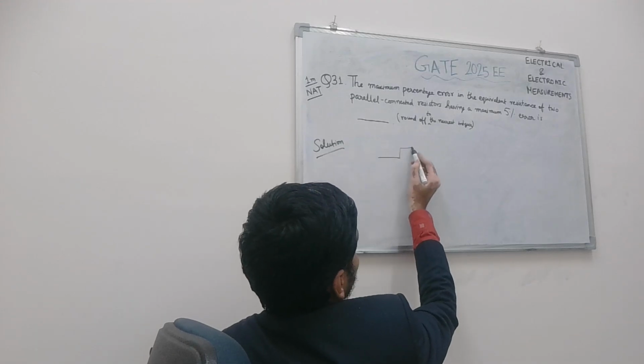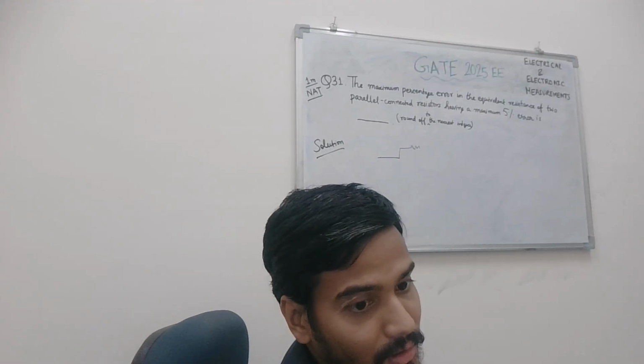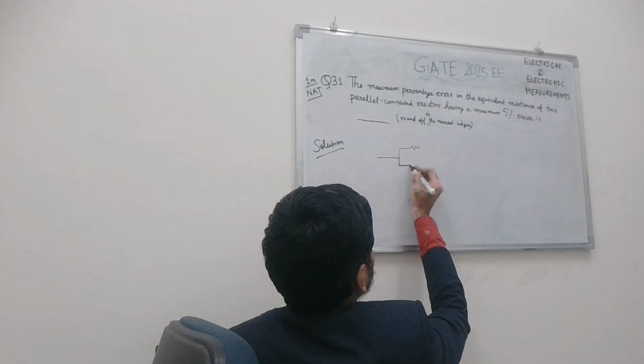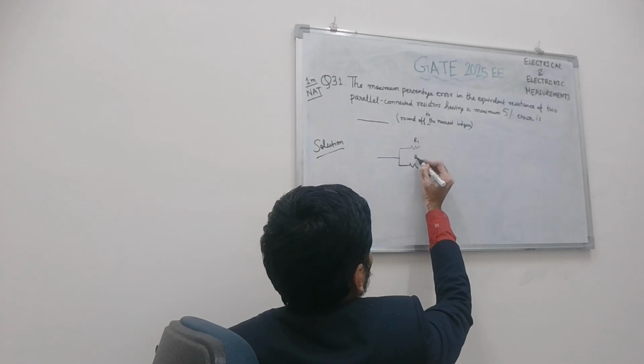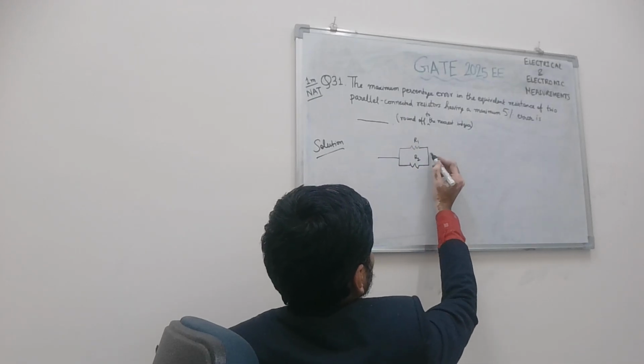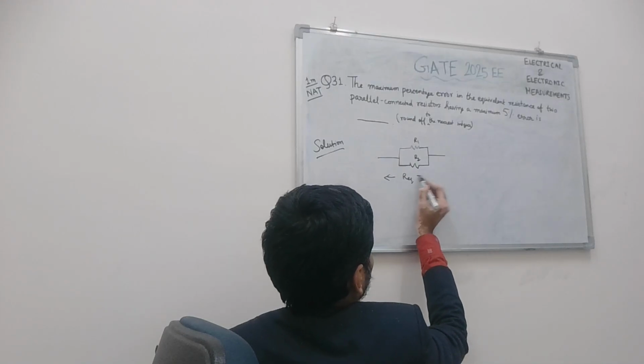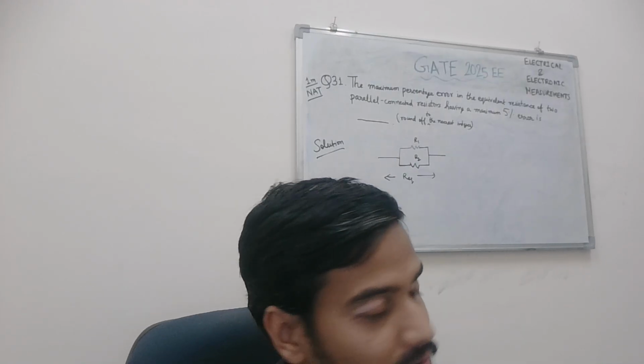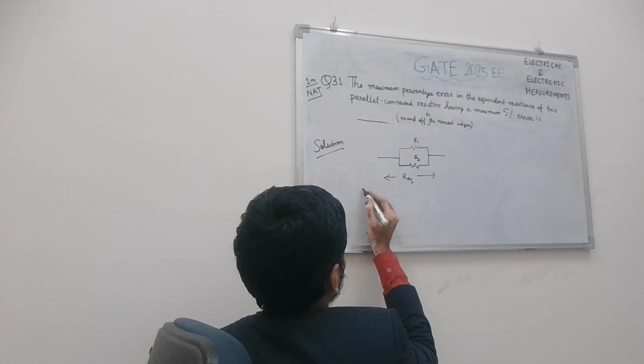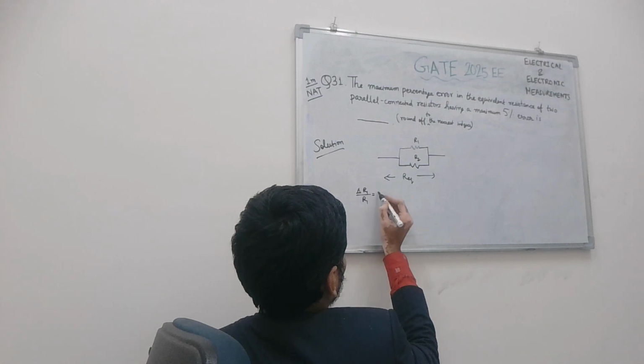So basically we are bothered about two resistors connected in parallel, say R1 and R2, and this is R equivalent, the equivalent resistance between them. It is given delta R1 by R1 is less than equal to 5%.